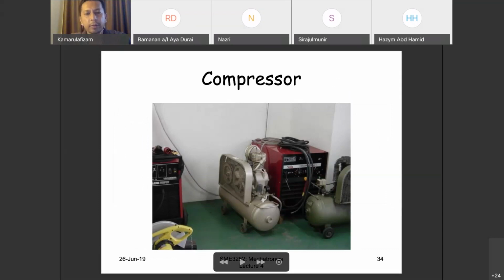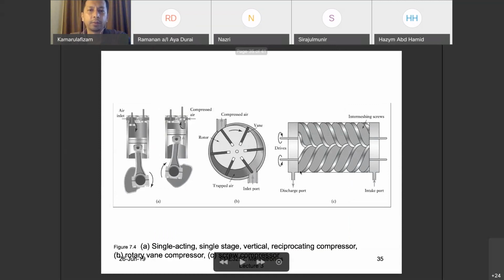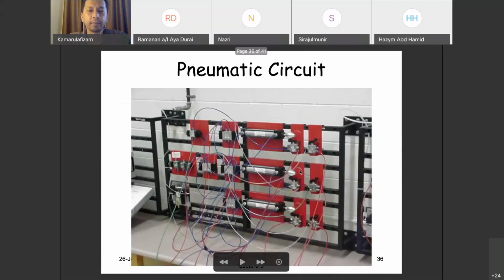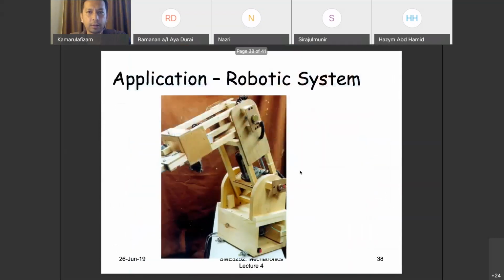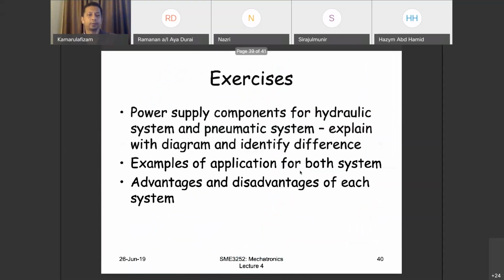Okay, macam compressor ni biasa orang tanya dia pakai pump apa, dia pakai screw type ke, dia pakai vane type ke, ataupun dia pakai piston type. Alright, normally that's how people describe this one lah. So this is a pneumatic circuit. I think more or less tak ada apa kot.